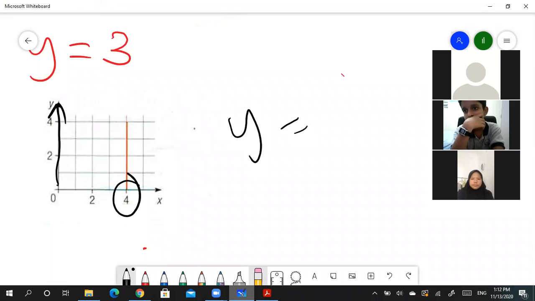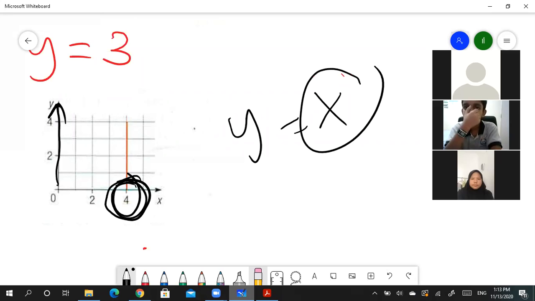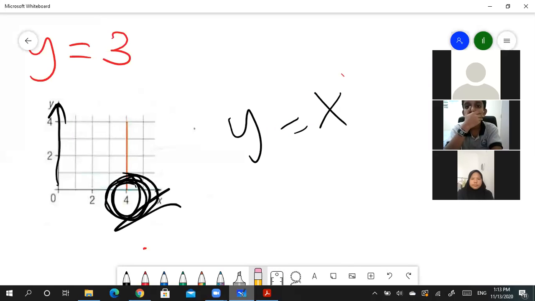We cannot, because we have only one value on x. So we cannot make x like an unknown value. Why? Because it's already known. It is 4. We cannot make x unknown because 4 is a known value.